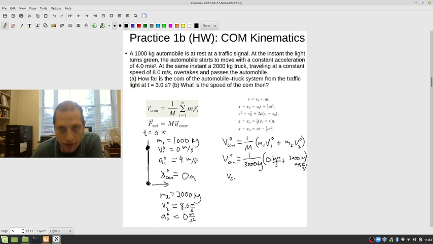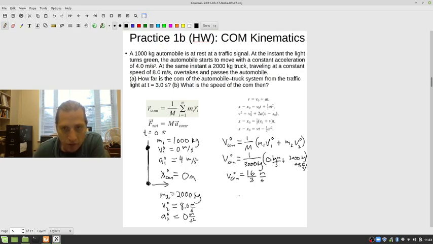Okay, so my center of mass has an initial velocity, going in the plus x direction, of 2 over 3 times 8. So that would be 16 thirds meters per second.